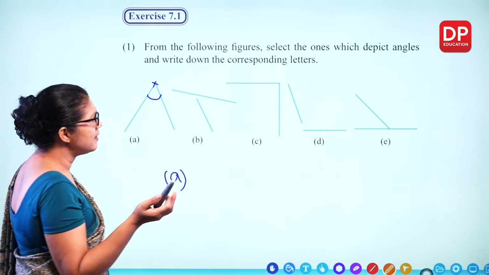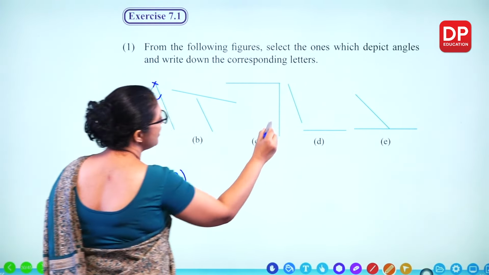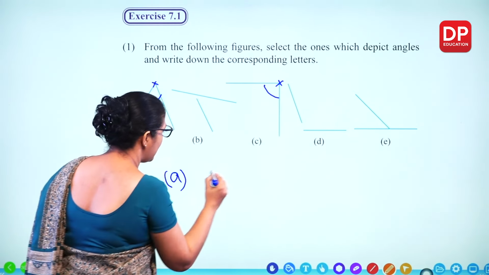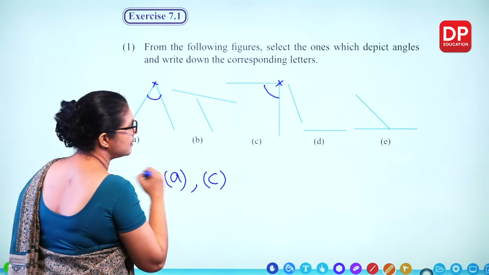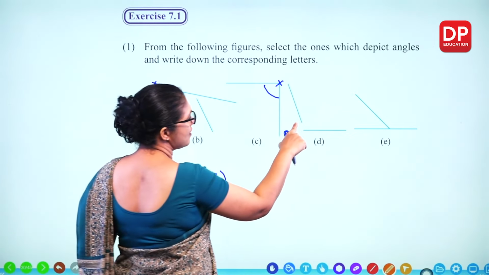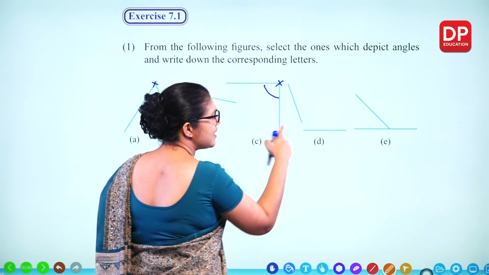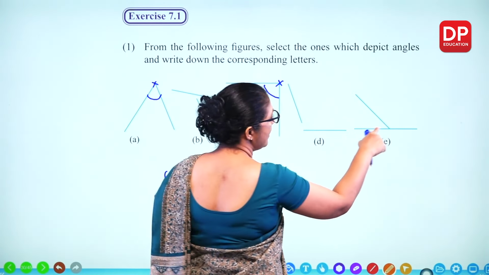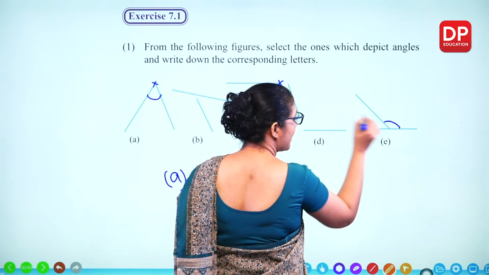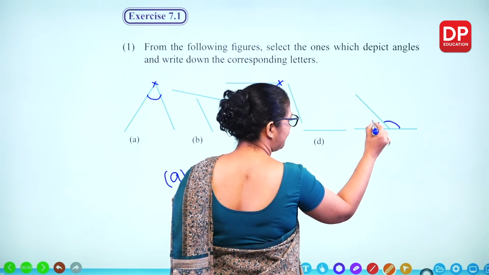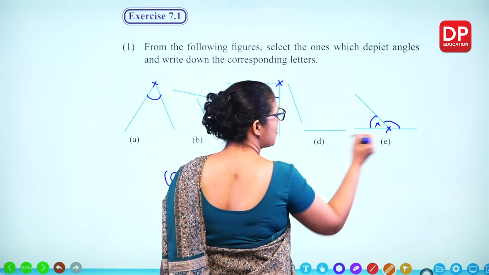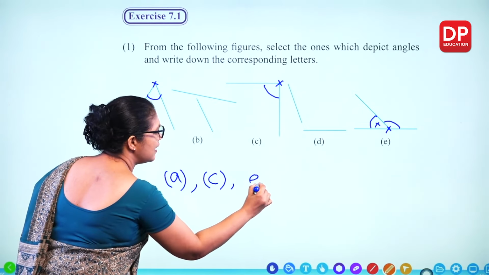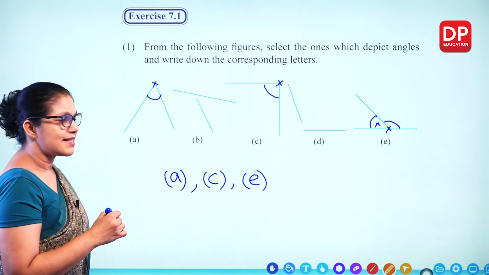That's not an angle. Here also you get the vertex point and two arms. So this is an angle. What about this one? Just two straight lines. You are not getting the vertex point. So that's not an angle. And here we can get an angle here as well as here. So this is the vertex point. So you get an angle there. So E. Those are angles.